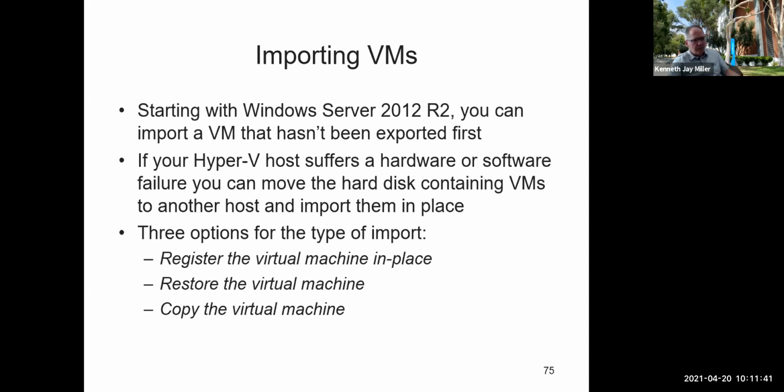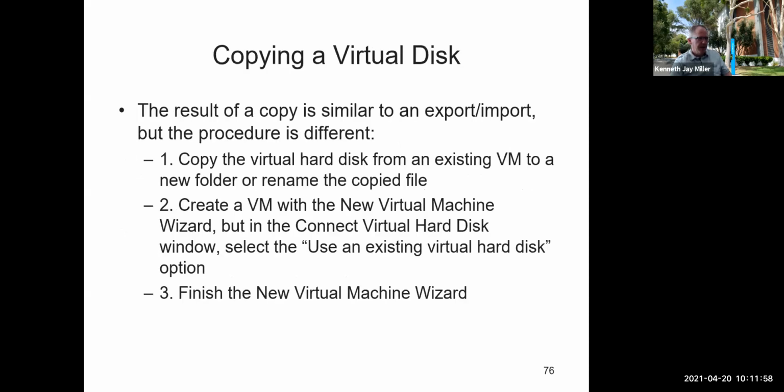When you do this type of import, you can register the virtual machine in place, restore the virtual machine, or copy the virtual machine. So again, we're not going to do any importing and exporting in this class. We can also just copy the hard disk.